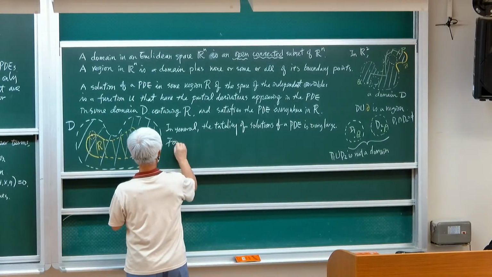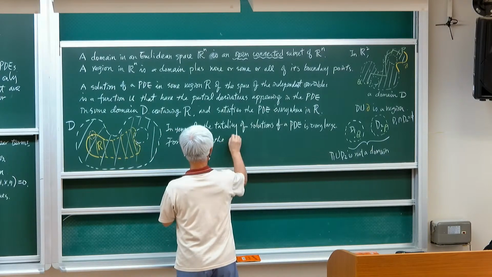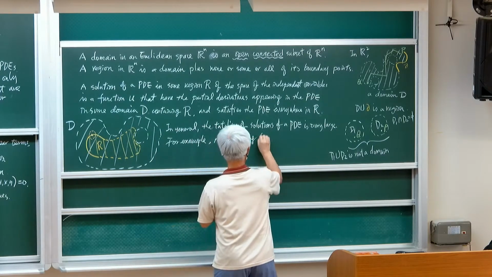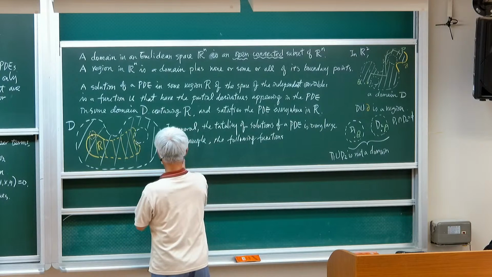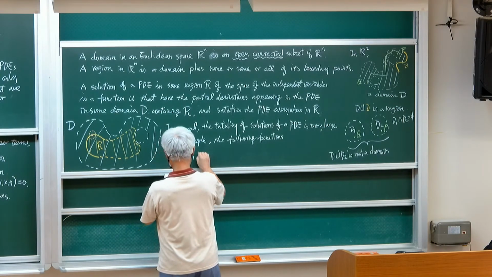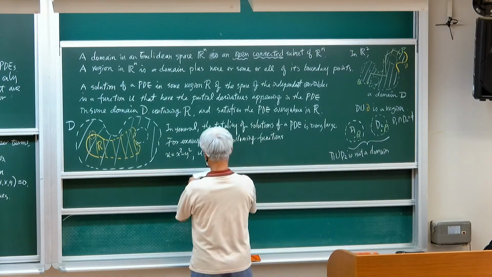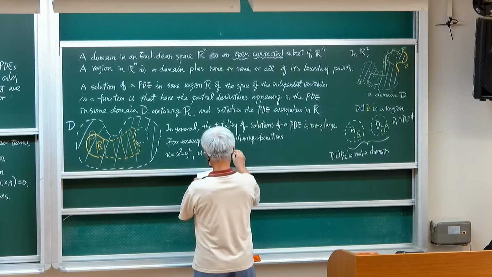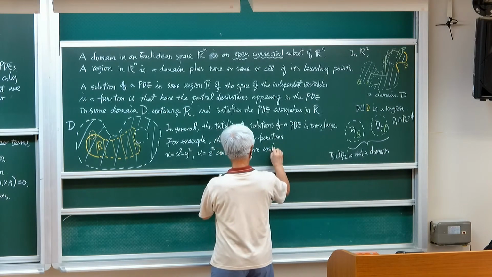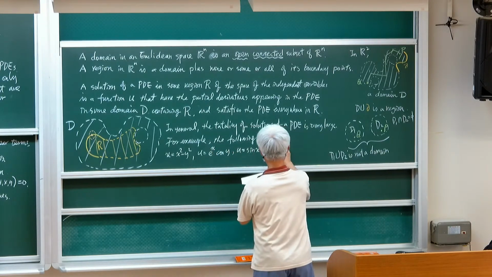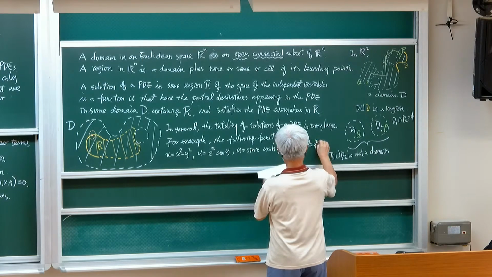For example, the following functions: u equal to x squared minus y squared, u equal to e to the x power cosine y, u equal to sine x hyperbolic cosine y, and u equal to the logarithm of the sum of x squared and y squared.